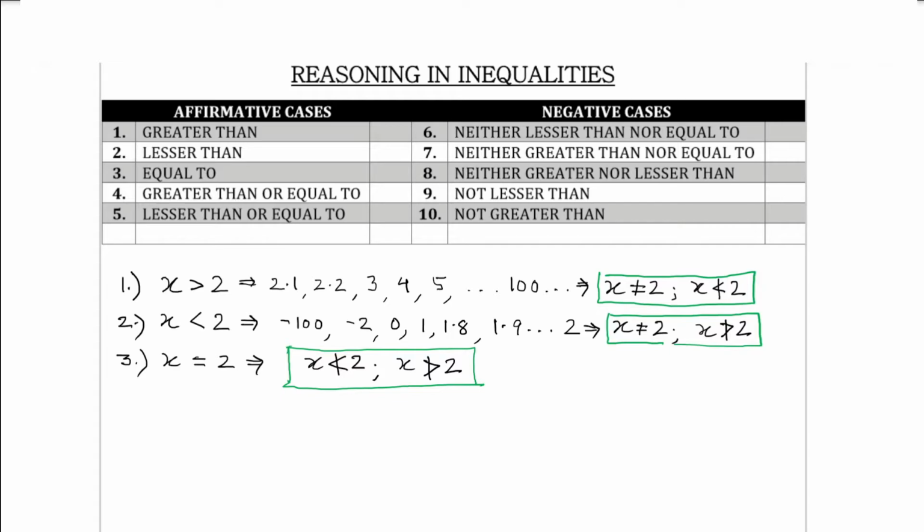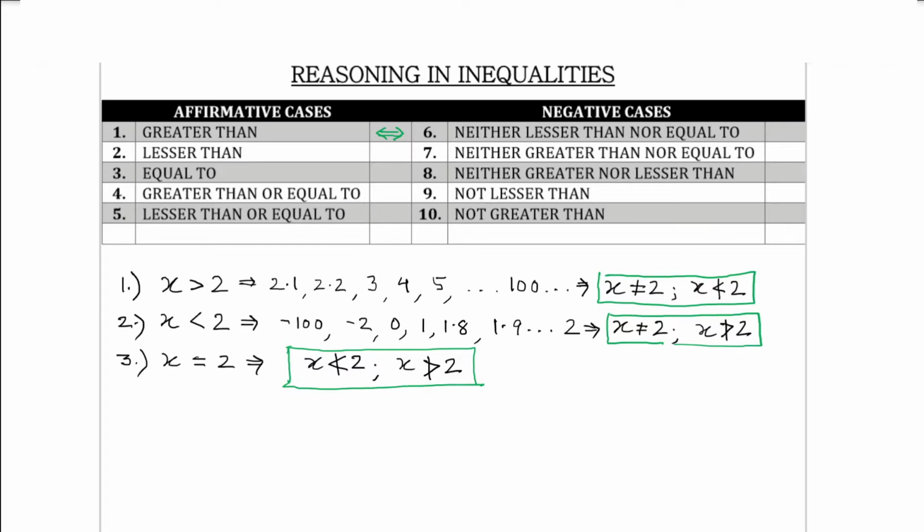Can we say that the first case that we talked about, x is greater than 2, at the same time we can say x is neither equal to 2 nor lesser than 2. So can we say that this is just like saying the same? So we have established a synergy between them.